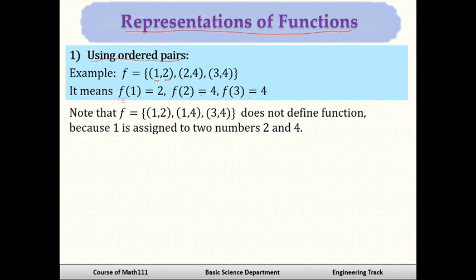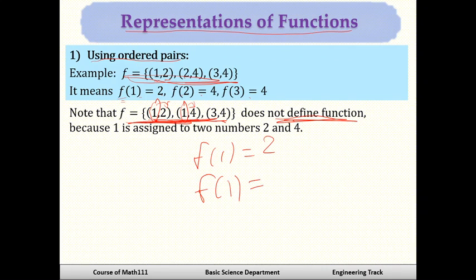Now this is a function, but note that this one is not the same as this one. This is a different one, and it is not defining a function. Why? Because here the same x is assigned to different y values. You see, f of 1 is equal to 2, and f of 1 is equal to 4.